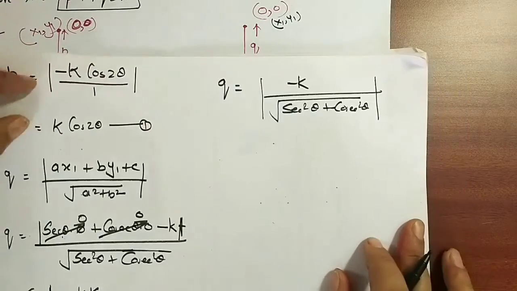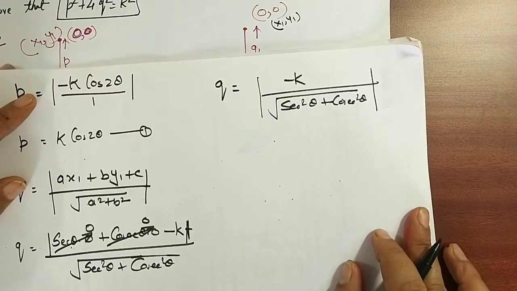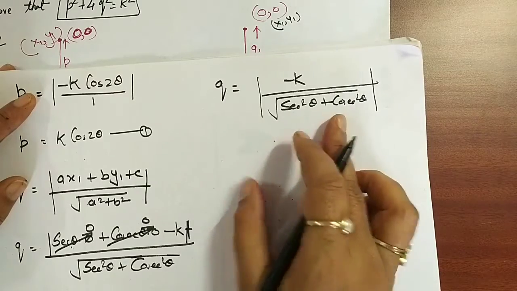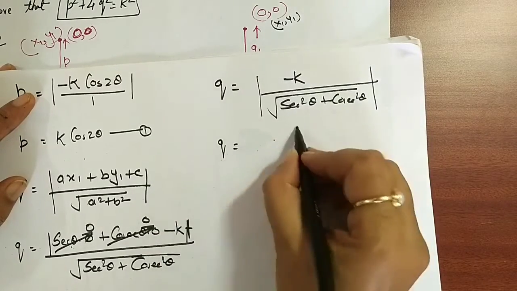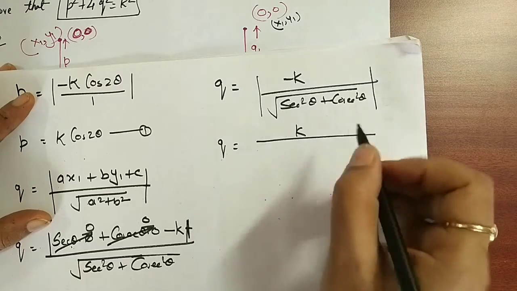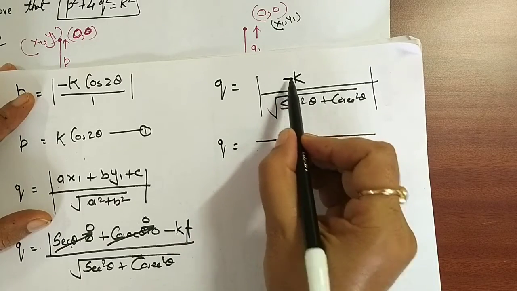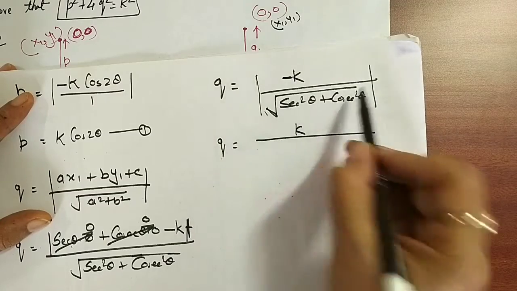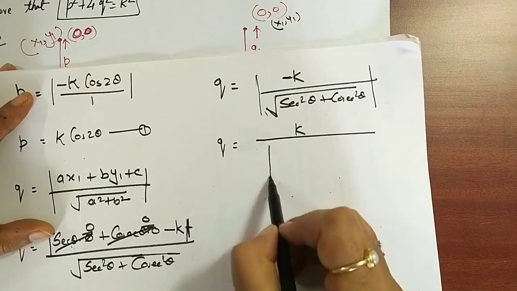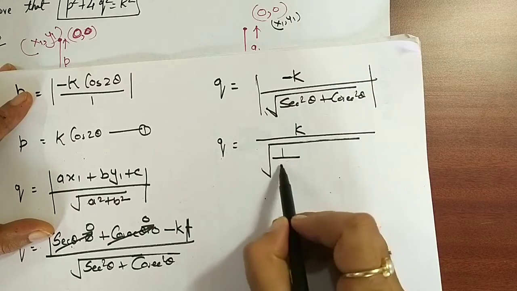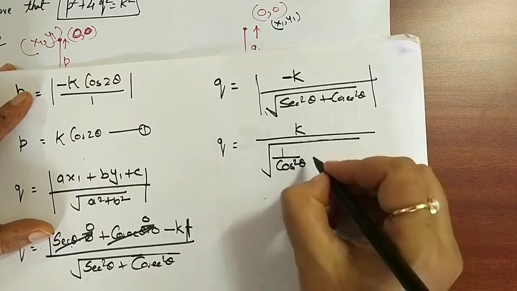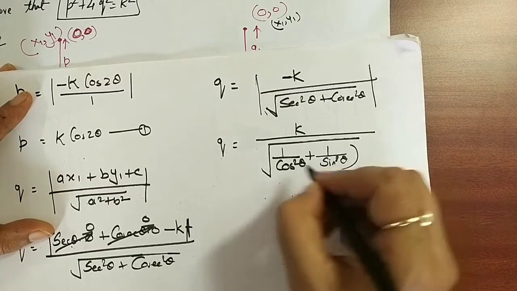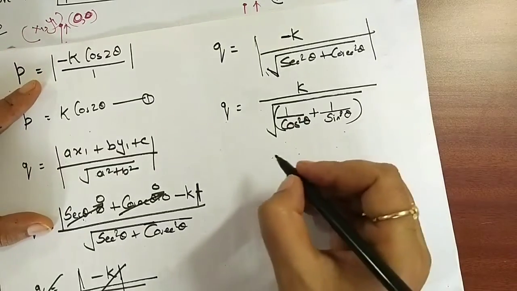Now what should I do? I have to simplify it as much as possible. So let me try k by, because I am removing the minus as I am removing mod, and root will always be positive only. Now sec square I am writing as 1 by cos square theta, and cosec square as 1 by sin square theta, just to solve it. I hope it is okay.